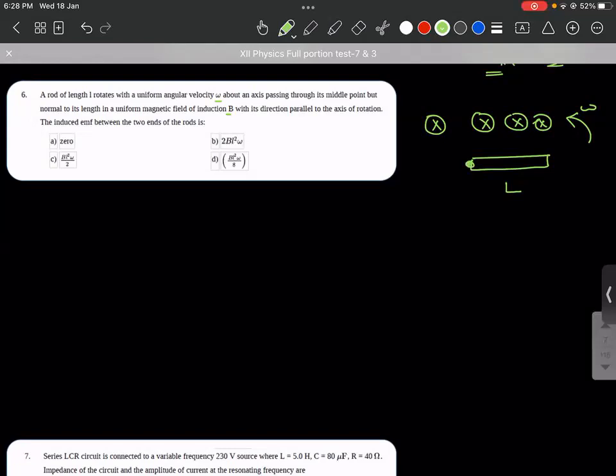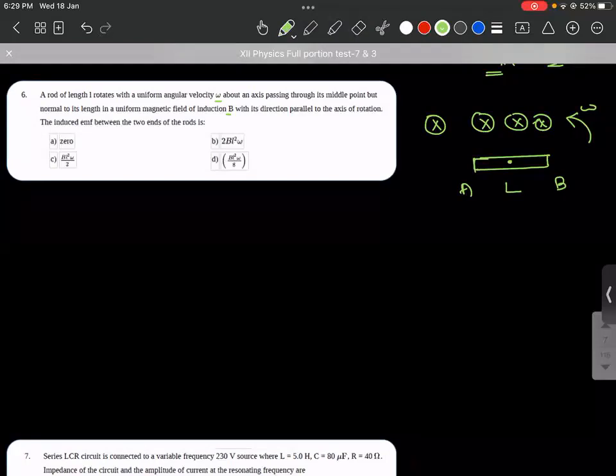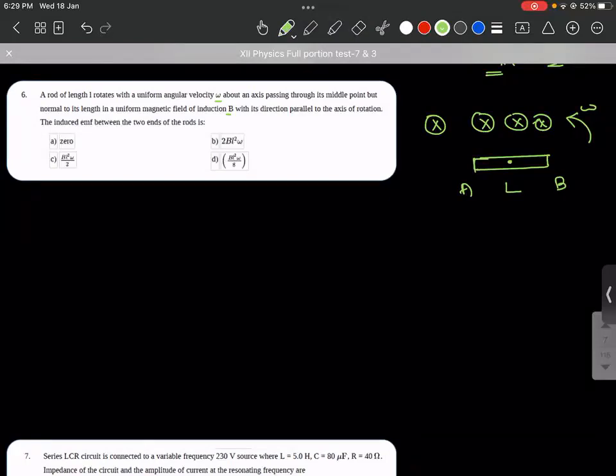So the induced EMF between the ends of the rod will be how much? Sorry, about an axis passing through the center of it. The induced EMF between the ends is going to be? Answer. 0.